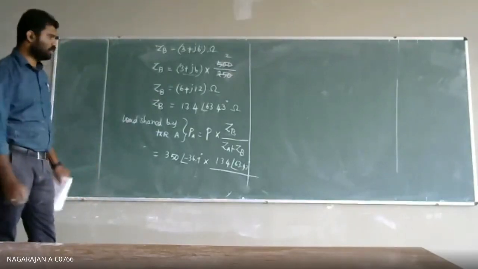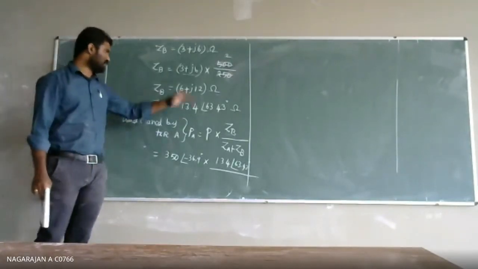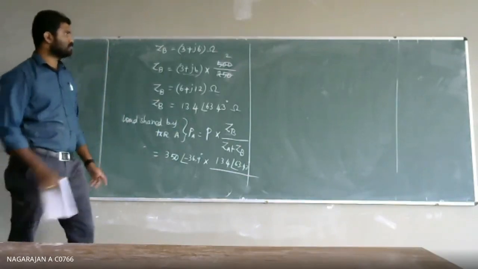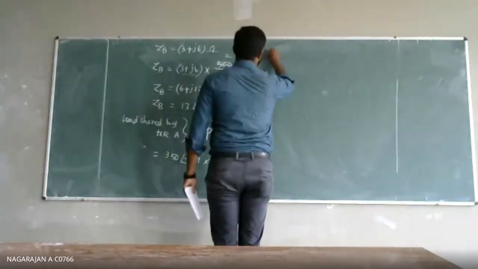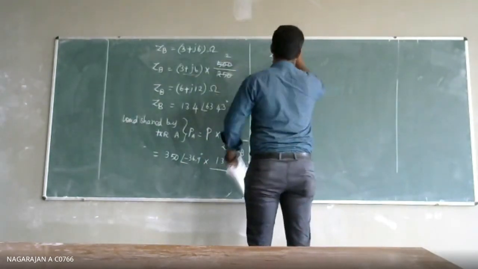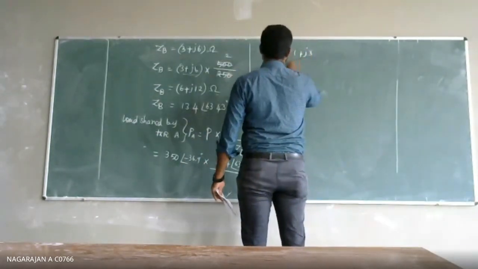Can anyone find out the total impedance and convert that into polar form? Answer me. ZA equal to 1 plus j3.